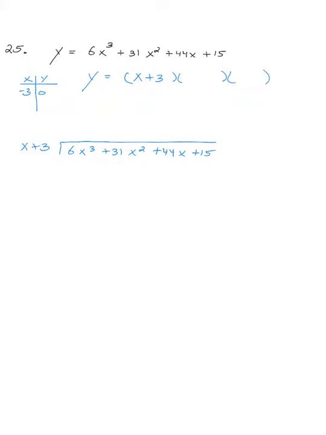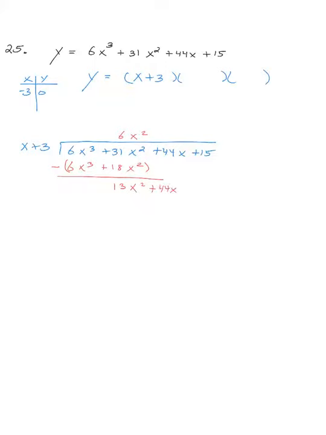All right, I'm going to multiply by 6x squared because I get 6x cubed, but then plus 18x squared. I am taking the difference of these two things. All right, so we get 13x squared plus 44x.